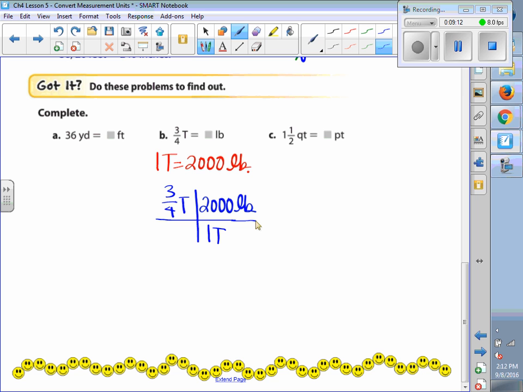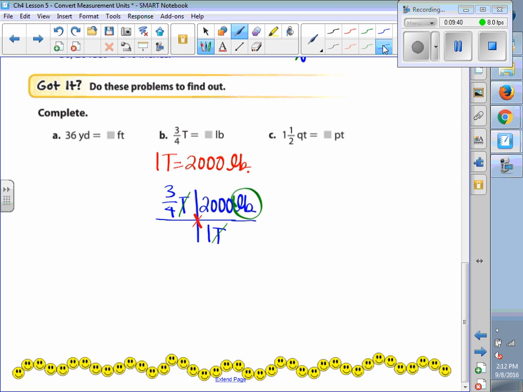And then you'll see that tons and tons will cancel. And what units am I left with? Pounds. Is that what we're looking for? Yeah. So now this just becomes a multiplication problem. Okay? And then we're just going to multiply straight across.